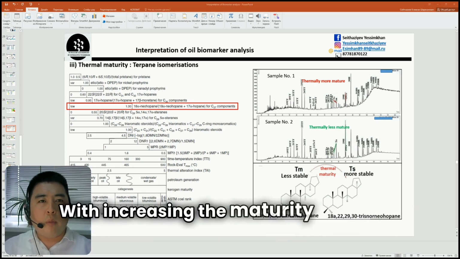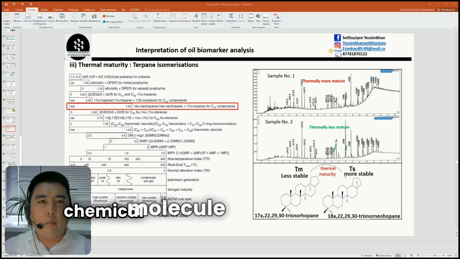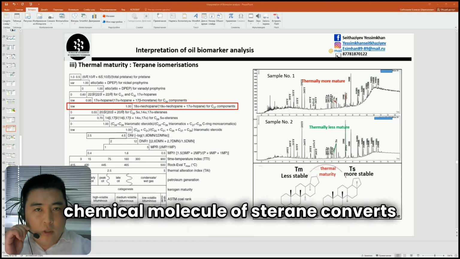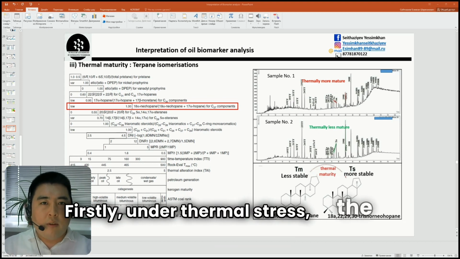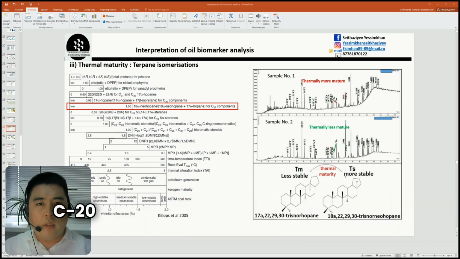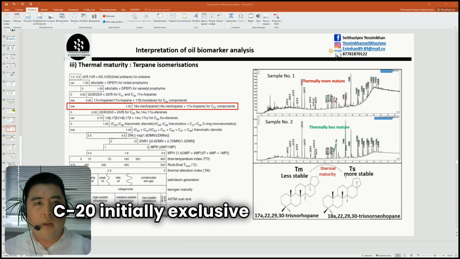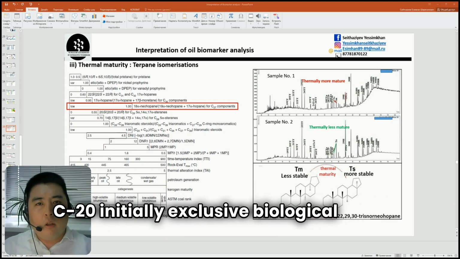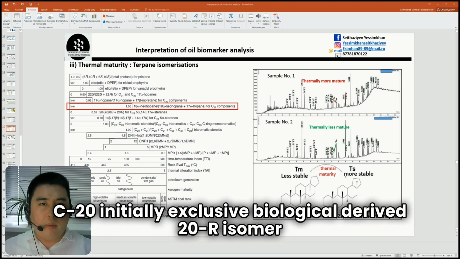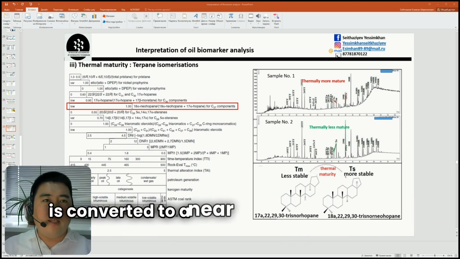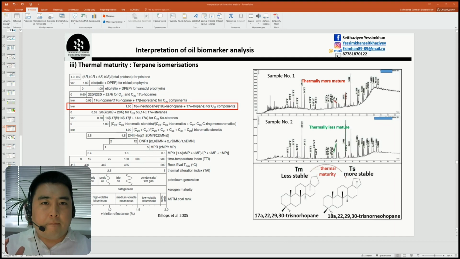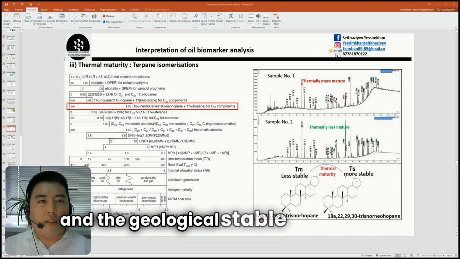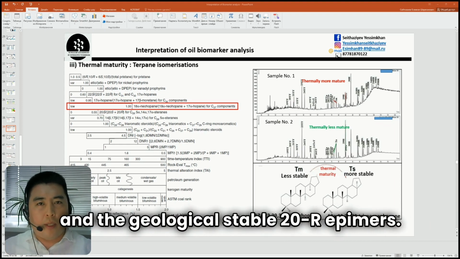With increasing thermal maturity of the source rock, the chemical molecule of sterane converts into isomers, firstly under thermal stress. The chiral center at C20, initially exclusively the biologically derived 20R isomer, is converted to a near equal mixture of 20R and the geologically stable 20S epimers.